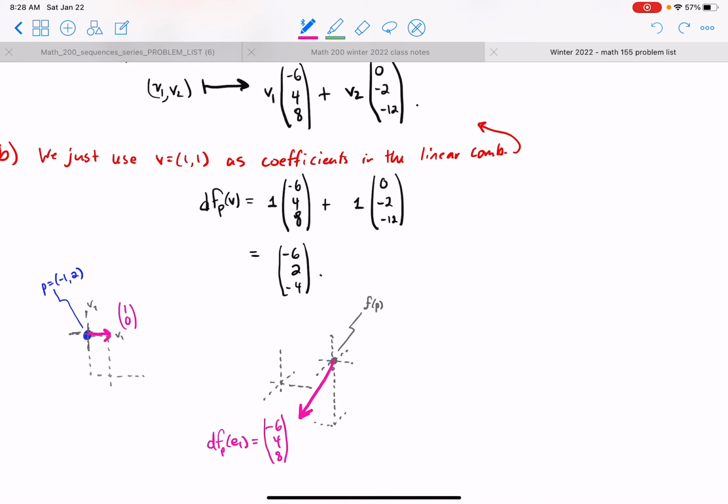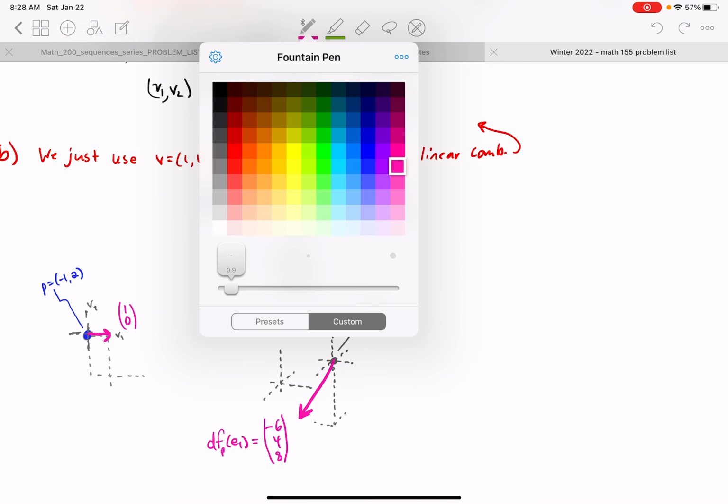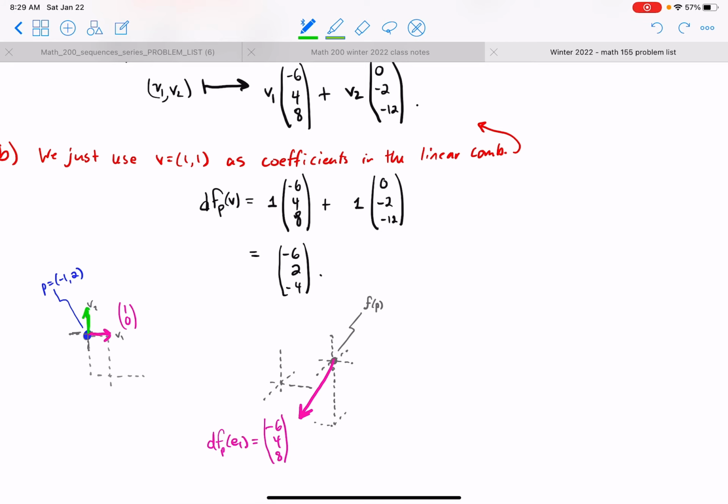E1. Okay. And now there's another special vector. Let's draw it in green. It's the vector 0, 1, or E2. Where does it go? Well, if I plug in 0 here and 1 there, I just get the second vector, the partial x2, the second velocity, which is a vertical velocity, I guess.